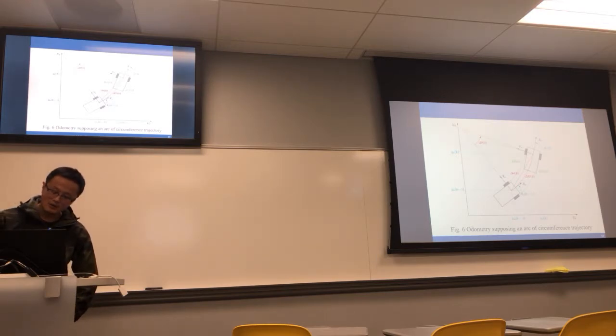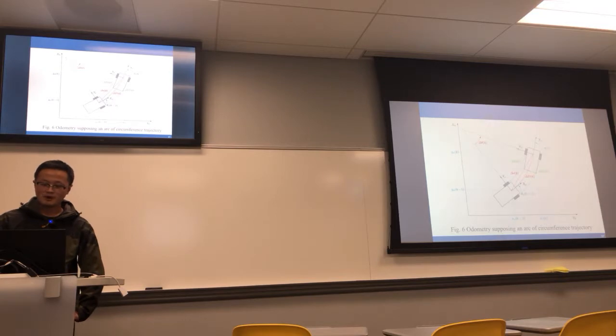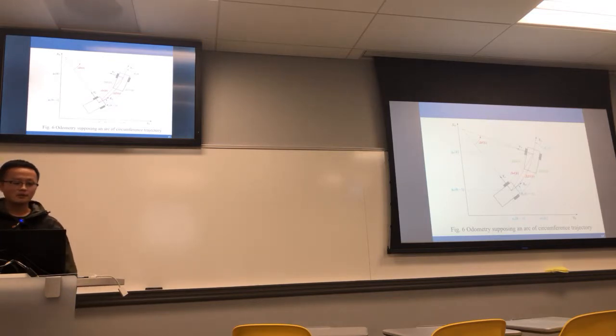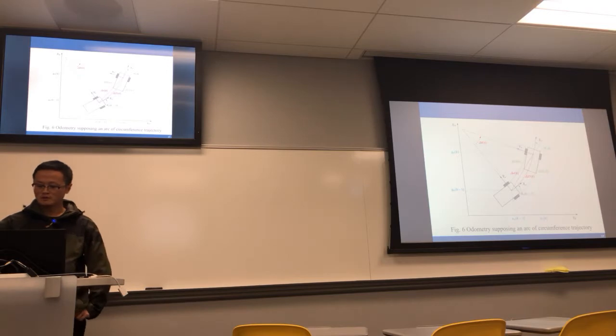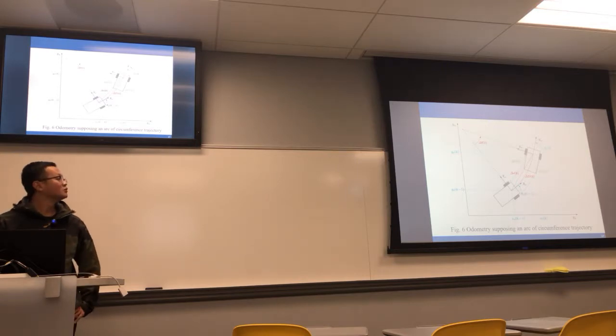This is the arc, and this is the straight line. In the ROS system, we choose the arc to make the calculation of the odometry more precise. It's something of a geometric relationship, so we don't show the detail.